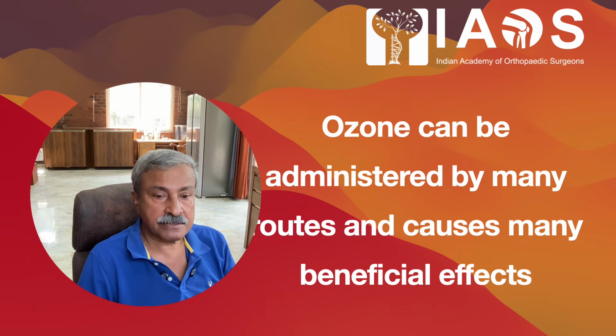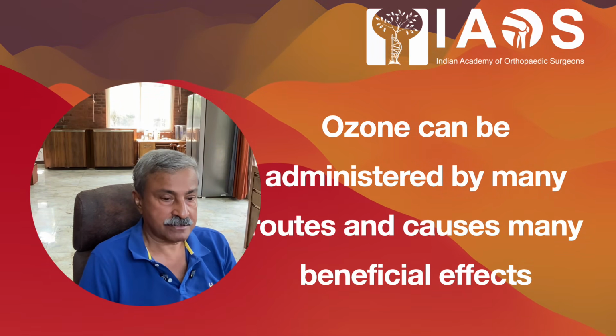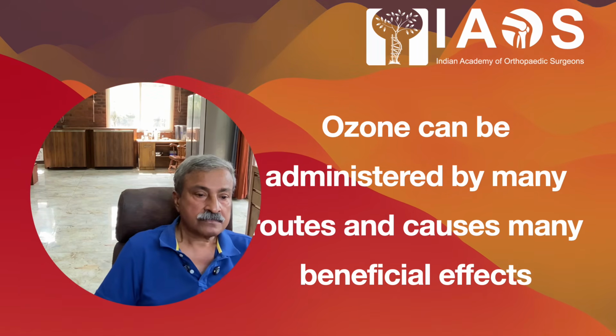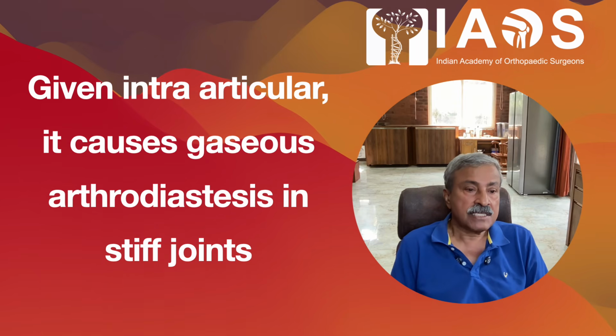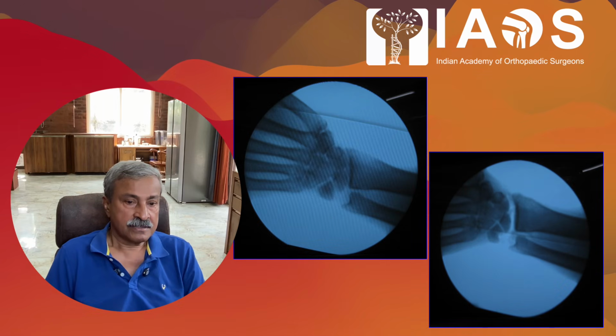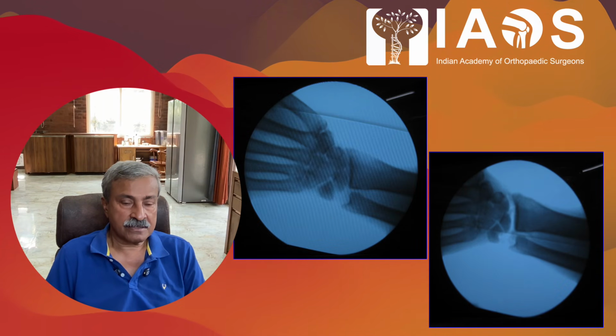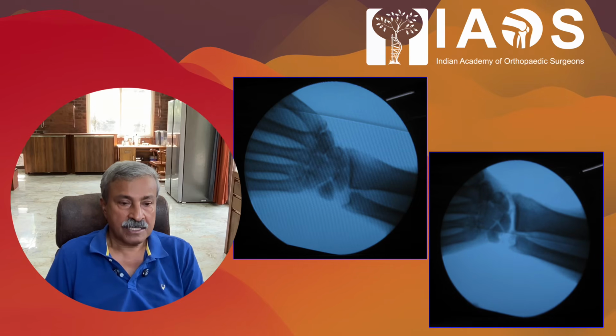Ozone can be administered by many routes and causes many beneficial effects. Given intra-articular, it causes gaseous arthrodiastasis in stiff joints. You can see a wrist joint in a rheumatoid arthritis patient with almost no radiocarpal space, and immediately it becomes distended.